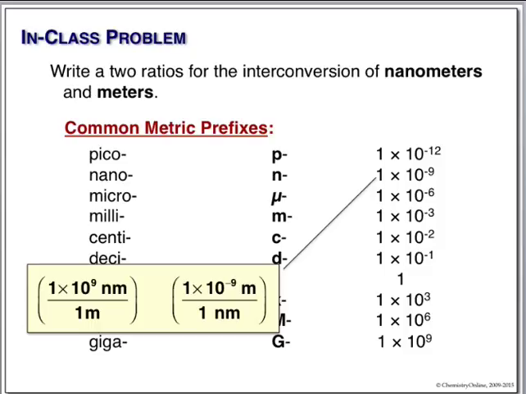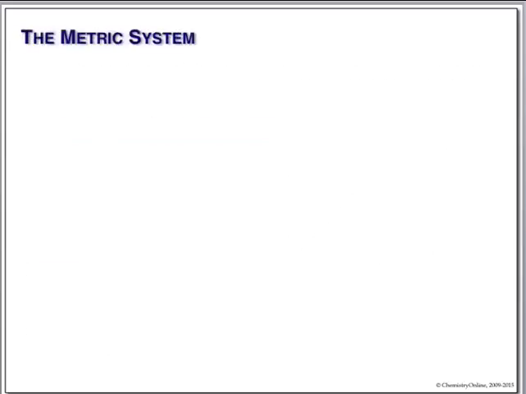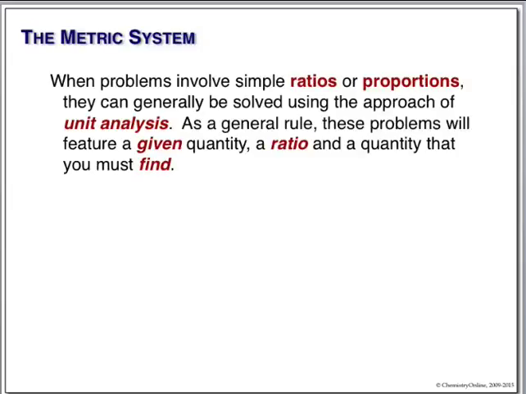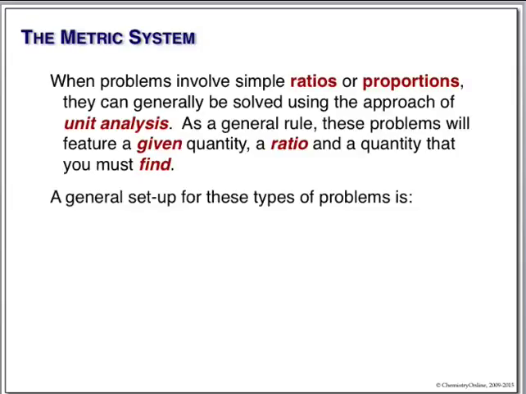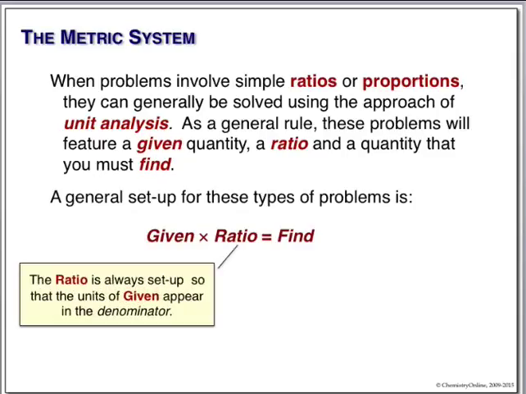All right, why do we want to bother with all these ratio things? Because in reality, we do have to do conversions. Yes, we do. What we're going to do is learn a problem-solving algorithm here that is so universal that this is the only problem-solving algorithm you will need to get through this course, intro chem, general chem, and even organic.